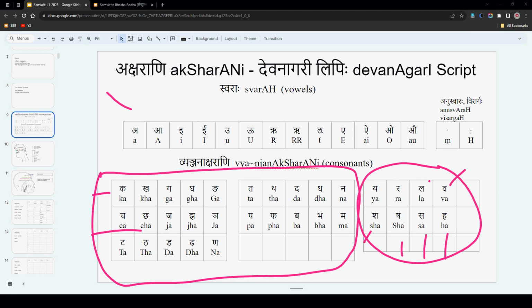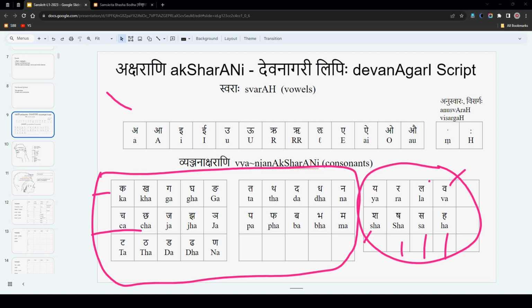But in the Swara case, there is no contact of tongue or lip with any part inside the mouth. Like a is a kantha, coming out directly from the kantha, but there is no contact of tongue anywhere there. Aa is also kantha. You see, e again.